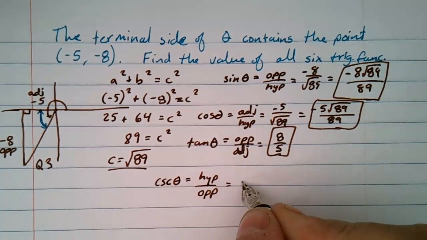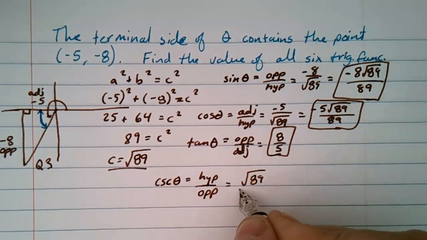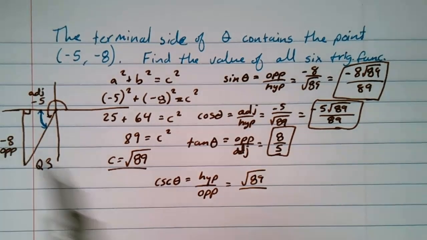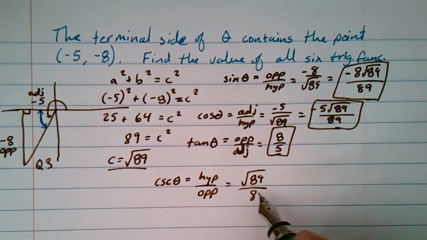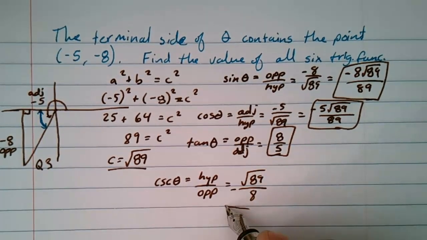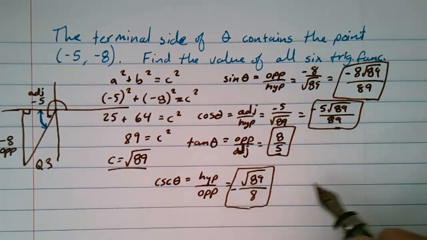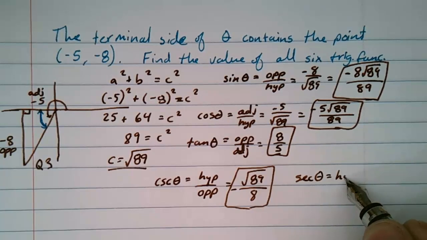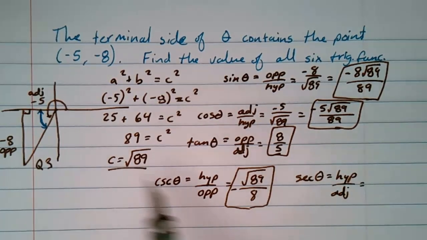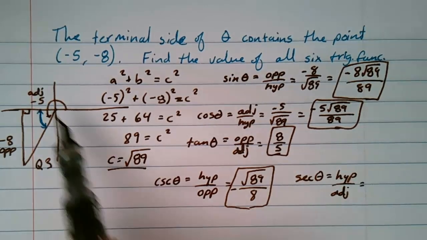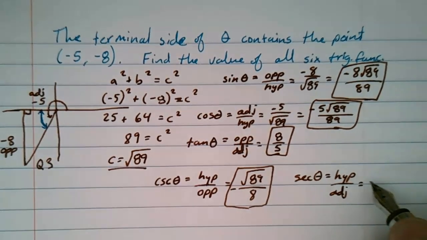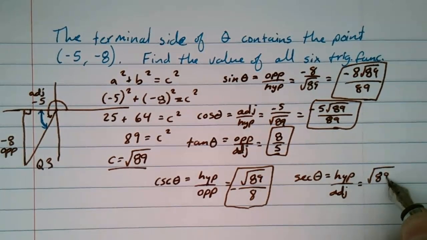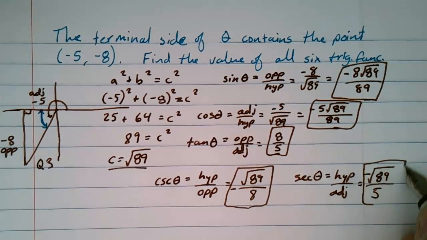Well, that's going to be root 89 over what? -8. Stick that negative out front. Secant of theta is going to be hypotenuse over adjacent, which is going to be what? Root 89 over -5. And I'll stick that negative out front.